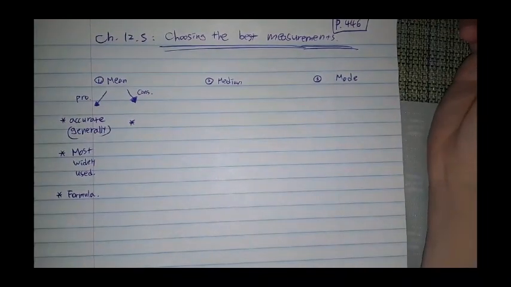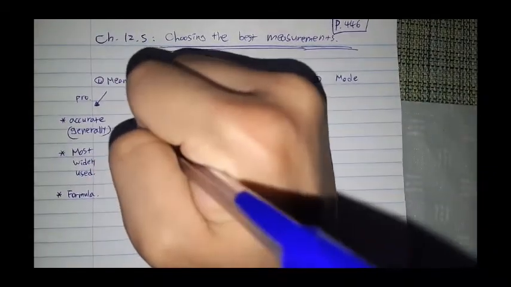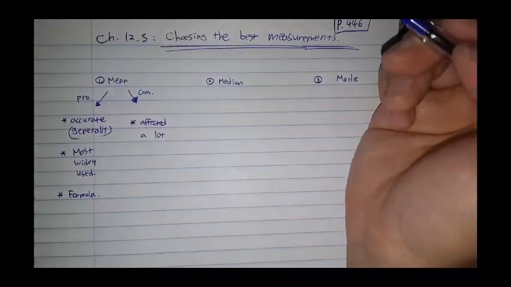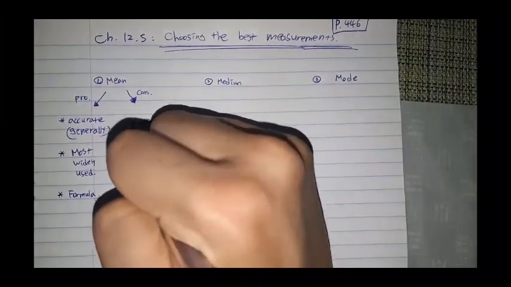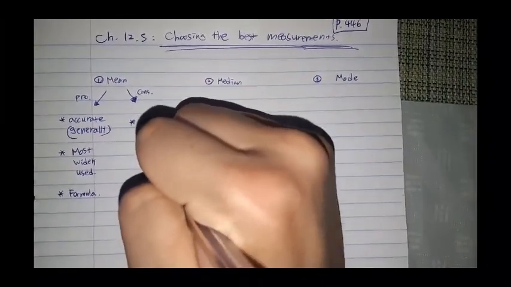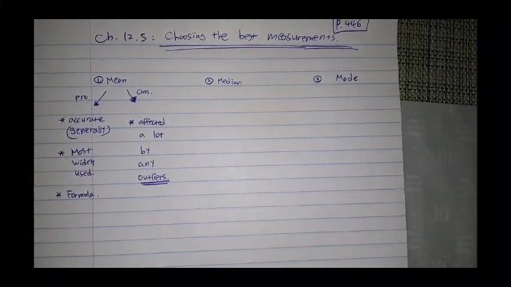Cons, what's the disadvantage of using mean? Basically, it is affected a lot by any outliers. If you have one small outlier, then the whole average will be brought down quite a bit.